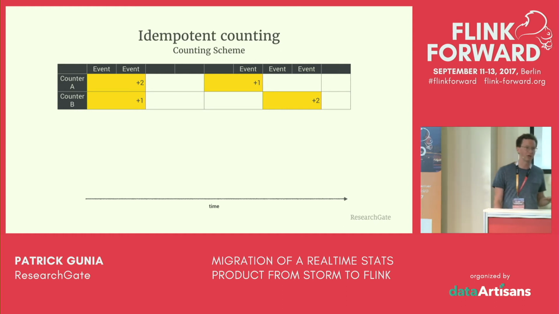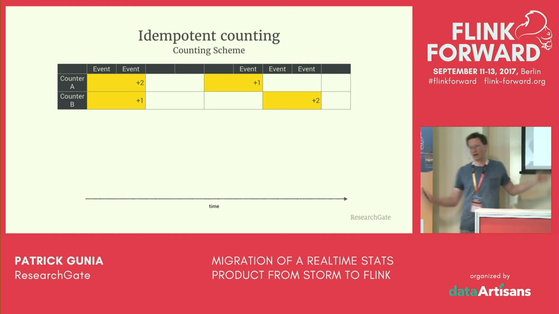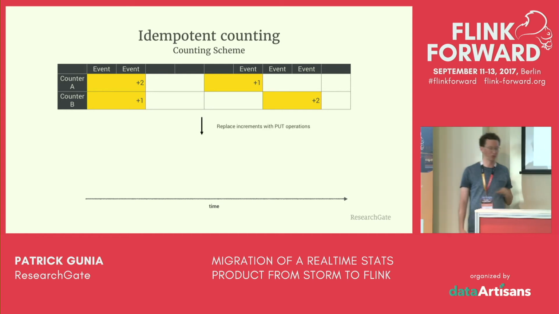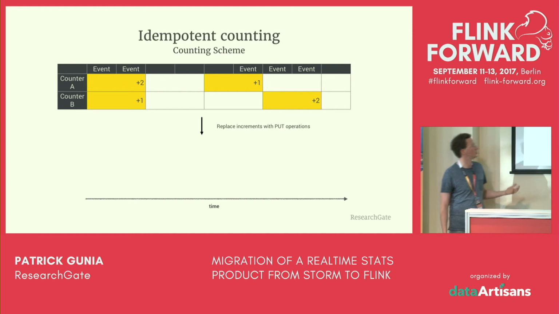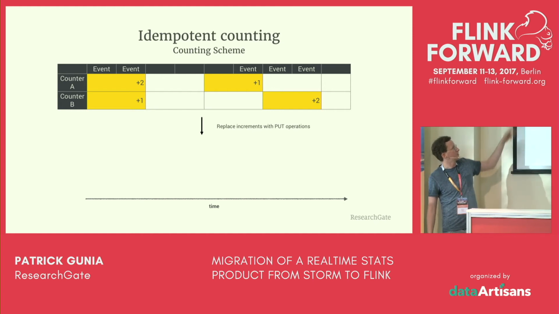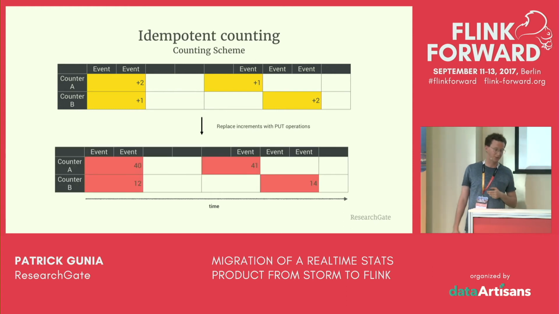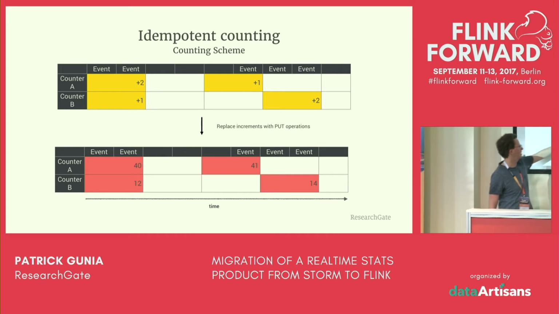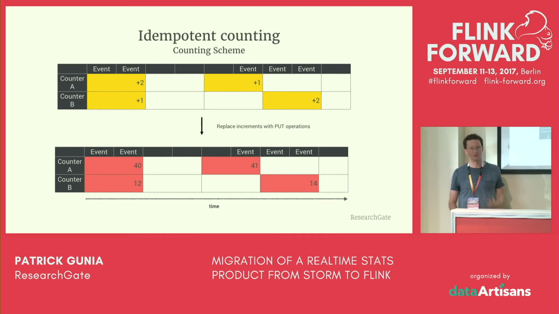So what you actually want to have at that point is idempotent counting. You don't want to perform increments, but you want to perform put operations. So the state of the data should not be retrieved via increments, but the state of the data should be part of the processor state. And if you're able to do this, for example, in that case, the value of this counter is 40.